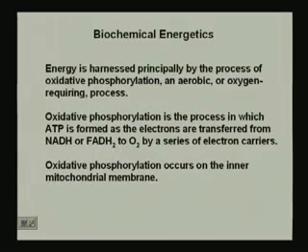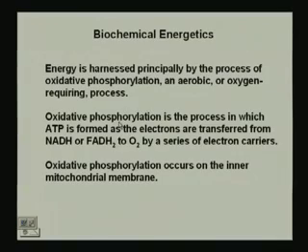We then went on to the last chapter of the course that involved biochemical energetics. Now, in the process of understanding all the energetics or all the metabolism of the carbohydrates, we consider very important reactions that go on in the body. We have oxidative phosphorylation, which is the process in which ATP is formed.